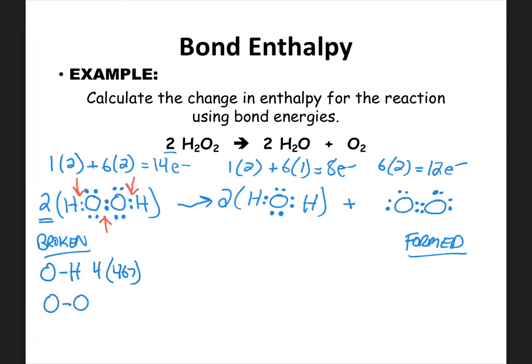All right, there's just one in each molecule, but there's two hydrogen peroxides, so you got two OO singles. And when you look that up on the table, it's 146. Okay, so there are no other bonds to be broken on the left side. You literally just have to look at your dot structures and see, where do I have shared pairs? Those are bonds. All right, so there are no other bonds to break on the left side.